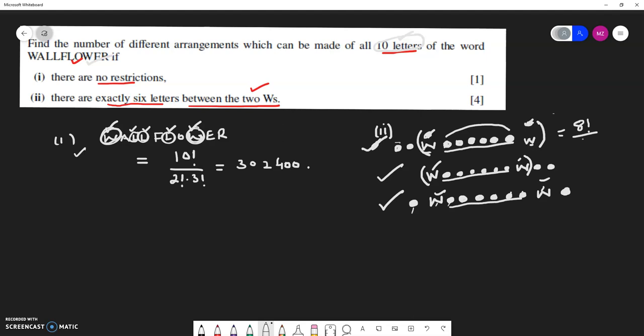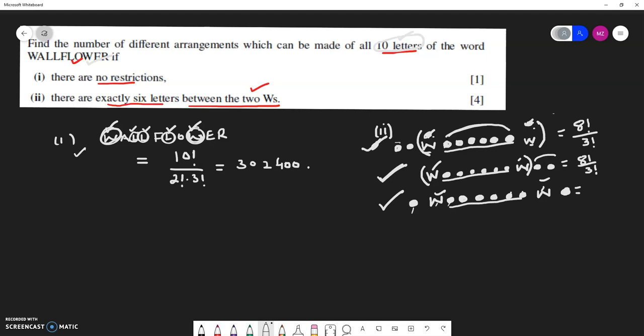So this is the total number of arrangements if 6 letters are between the 2 W's and 2 letters are before the first W. Similarly, in the second scenario, in which the 2 remaining letters are at the last, the total number of permutations will be 8 factorial divided by 3 factorial.